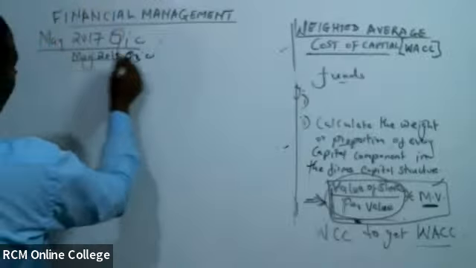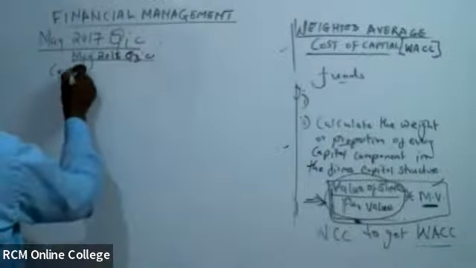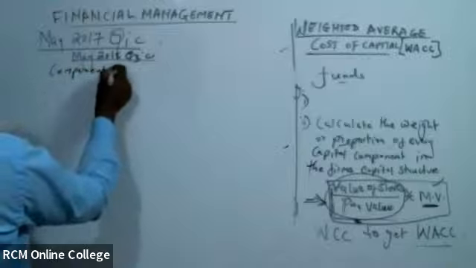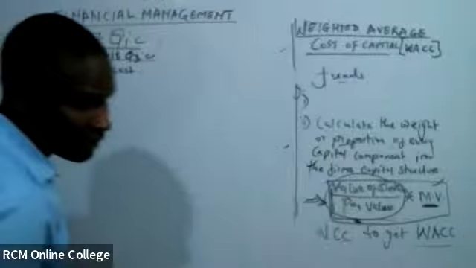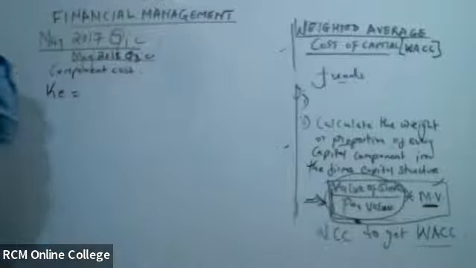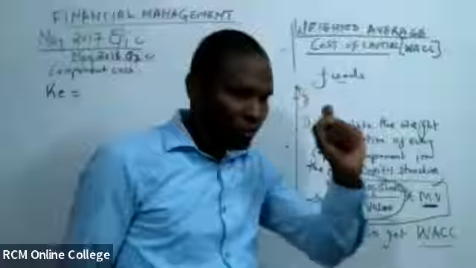So we calculate the components. Give me the first component cost. The first component cost is KE. How do I get KE, class? I have a formula of getting KE.